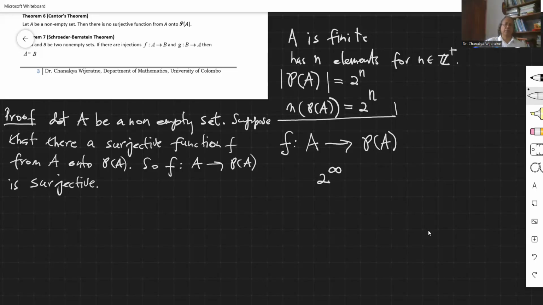Now we have to get a contradiction by assuming that there is a surjective function from A onto the power set of A.